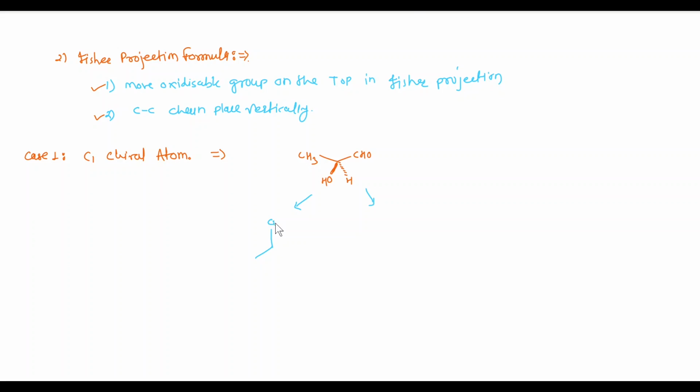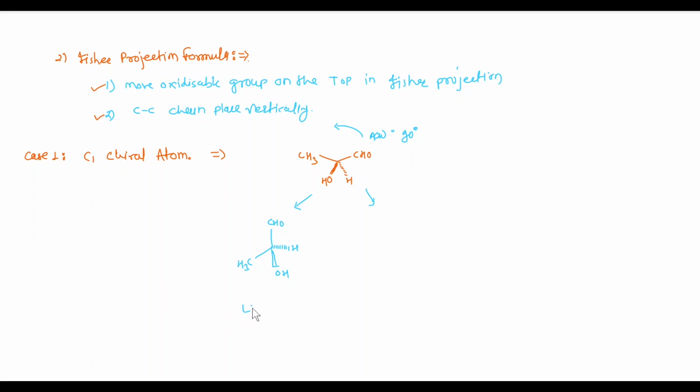Here CHO and here CH3. And the two remaining groups as they are. The below group is hydrogen, we write it as it is, and the above group is OH or hydroxy, we write it as it is. This molecule is rotated in the plane only, in the anti-clockwise direction by 90 degrees.